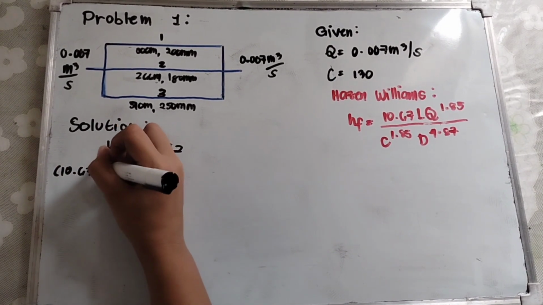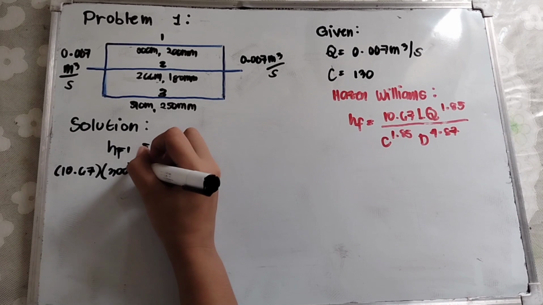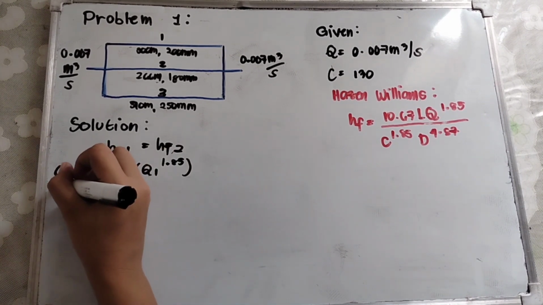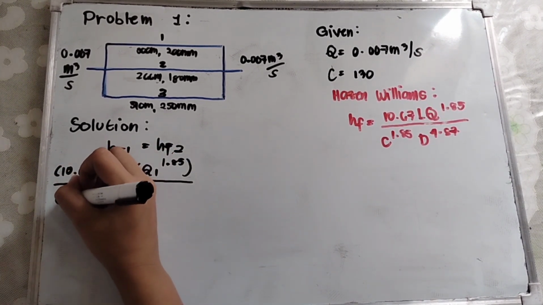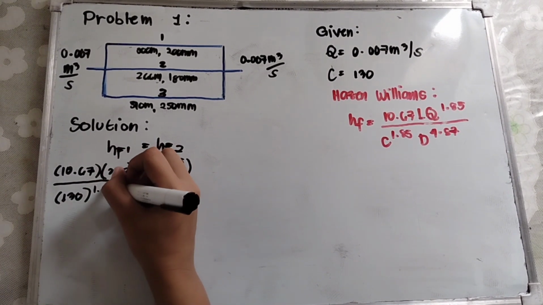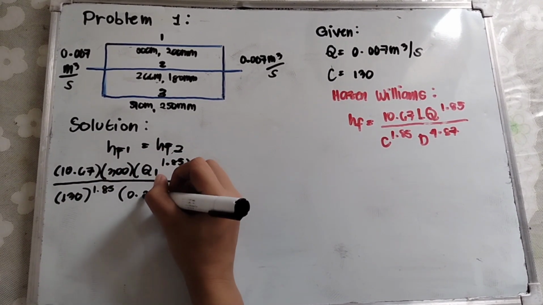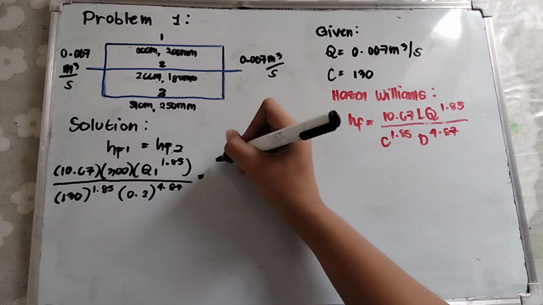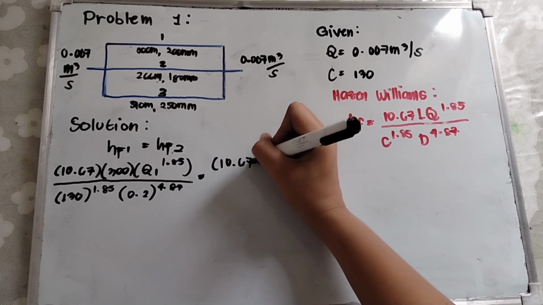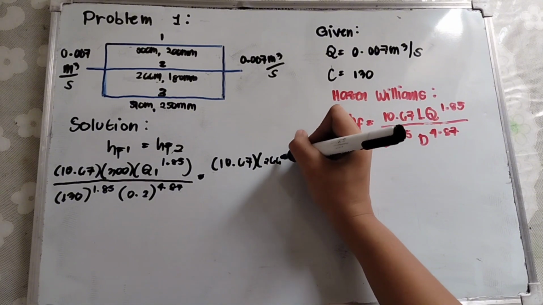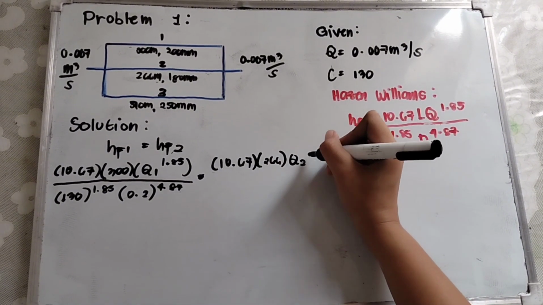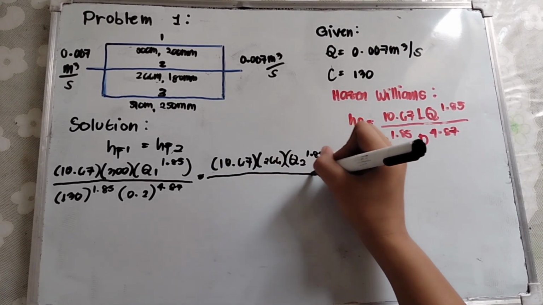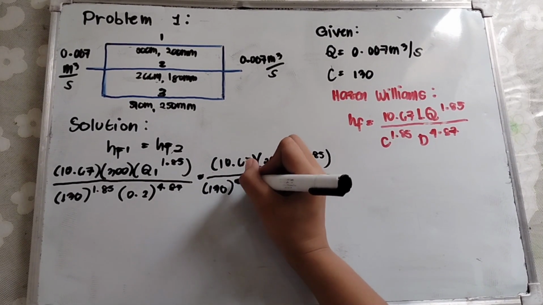And we will use the Hazen-Williams formula, in which 10.67 times 300 times Q sub 1 raised to 1.85 over 130 raised to 1.85 times 0.2 raised to 4.87 equals 10.67 times 266 times Q sub 2 raised to 1.85 over 130 raised to 1.85 multiplied by 0.18 raised to 4.87.